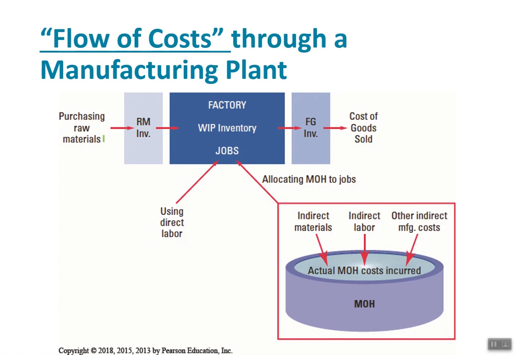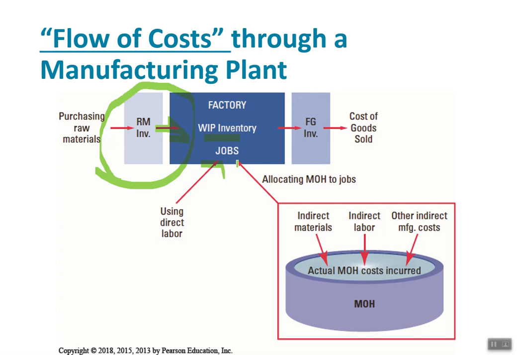So this is a summary of what we went through. We had our raw materials that we purchased, put into raw material inventory. Then we have our work in process inventory, where we traced our direct labor. Here's our direct materials from the raw material.